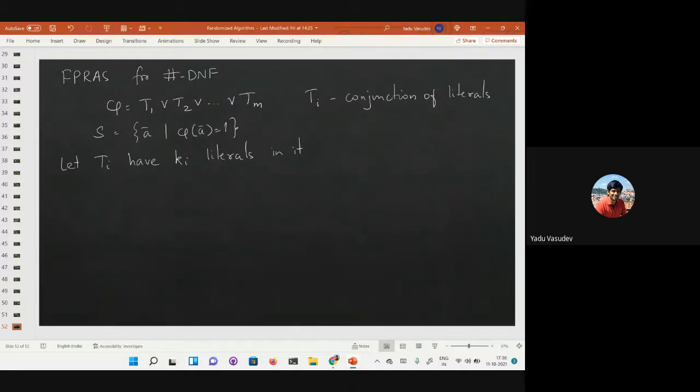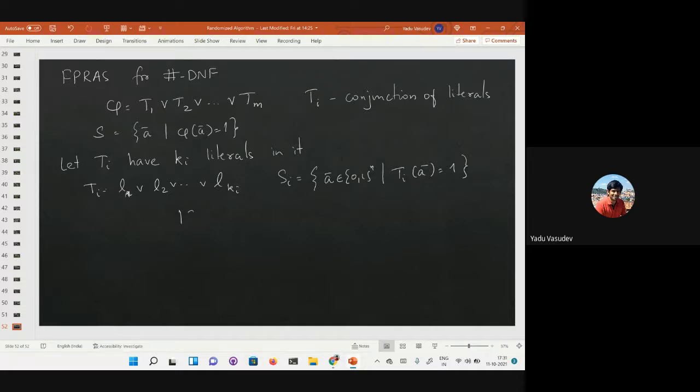And so how is Ti? Ti will look like L1 or L2 or LKi. How many satisfying assignments are there for Ti? Let Si be the set of all assignments A such that it satisfies Ti.